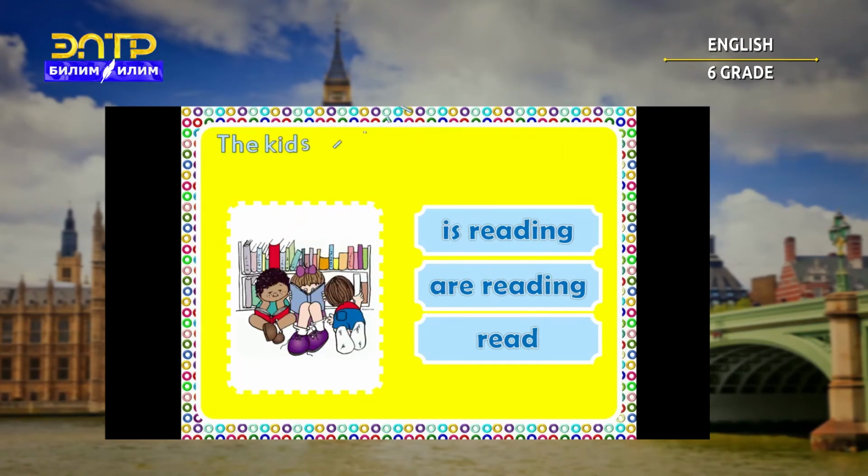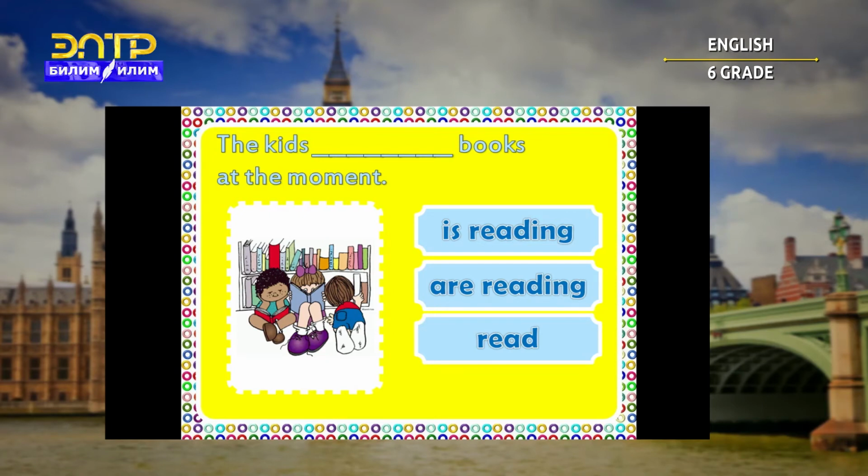Now students, what about this sentence? The kids is reading, are reading, or read books at the moment. We talk about action that is happening at the moment. This is present continuous. For present continuous, we should use two verbs. Auxiliary verb be, am, is, are, and verb with ing.